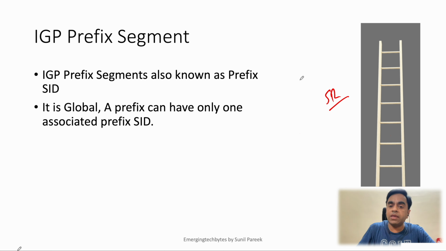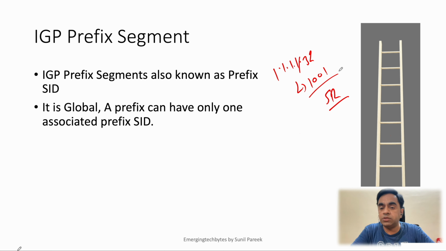Let's say if I have a prefix which is 1.1.1.1/32, I will allocate a prefix SID of 1001, just for an example. And then this prefix SID cannot be allocated to any other prefix in the same domain.